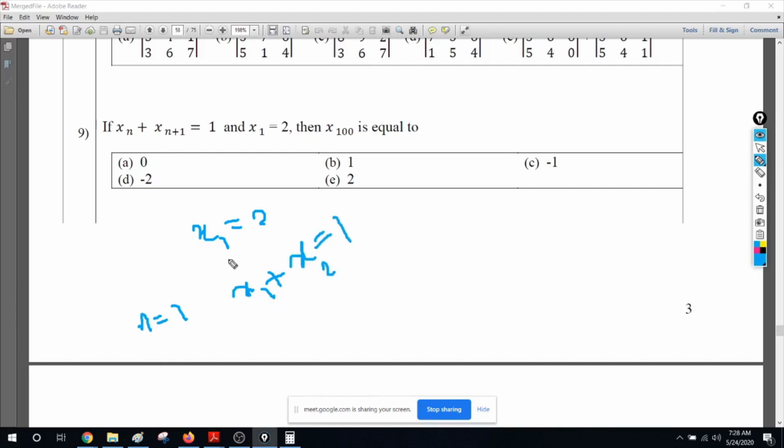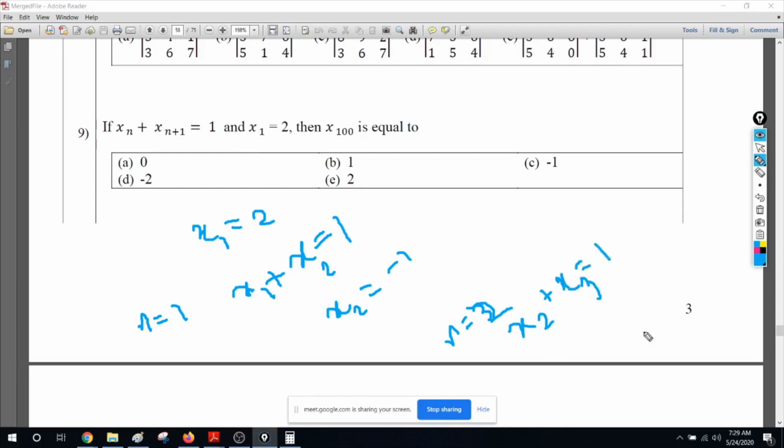Now they have given x1 as 2, therefore we know that x2 is 1 minus 2, which is minus 1. Now let's say n equals 2, x2 plus x3 is 1.